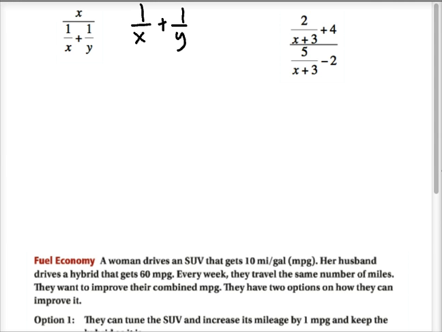Well, if you think about it, our common denominator is again going to be xy, which means this is missing a y over y. That's missing an x over x. So we end up with a y plus x sitting there.